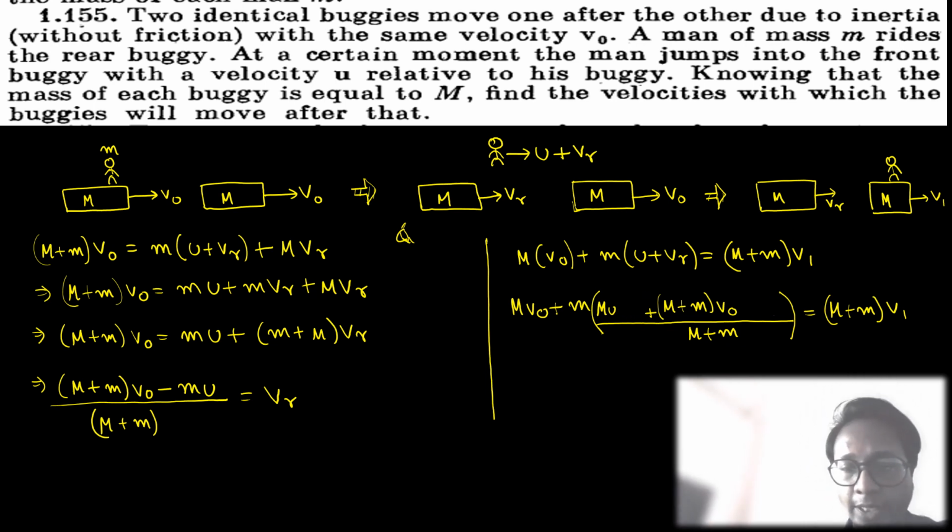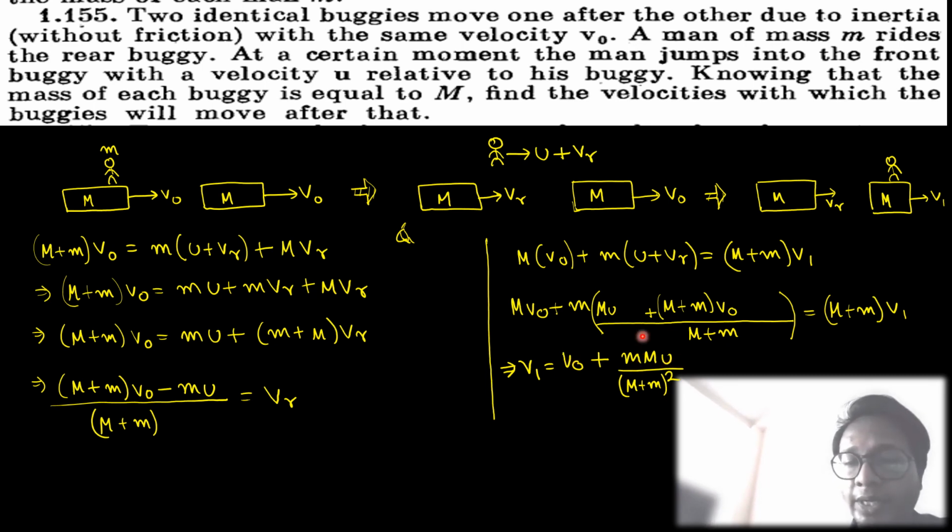So when I simplify, v1 is equal to v naught plus Mmu by (M plus m) square. What I did here is take this M plus m common LCM throughout. So this will be multiplied by capital M into (M plus m). Now send the entire thing to the denominator. This M plus m and that denominator would get cancelled. That means I'm taking this M out and then separating them both. So what we obtain is this value.